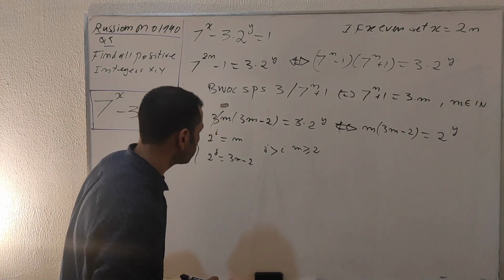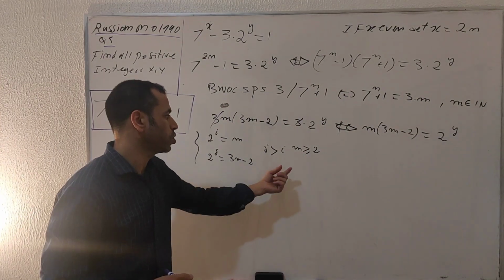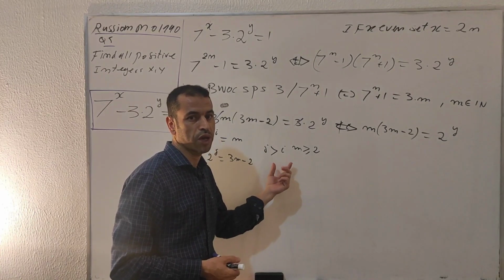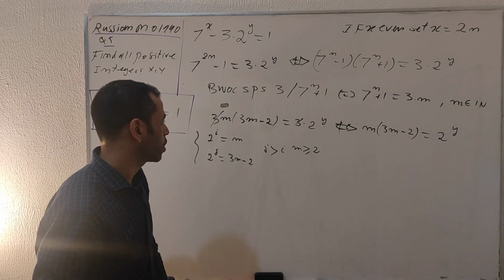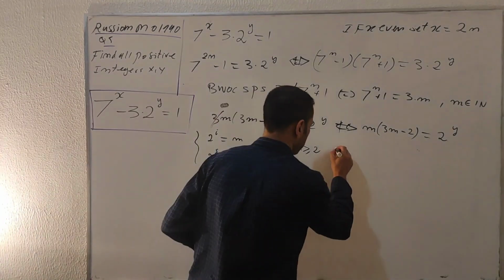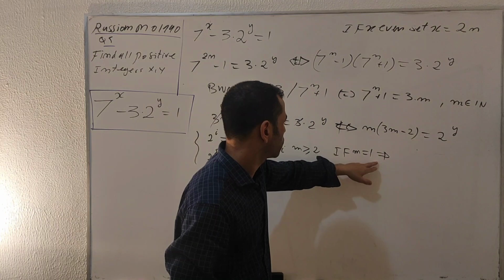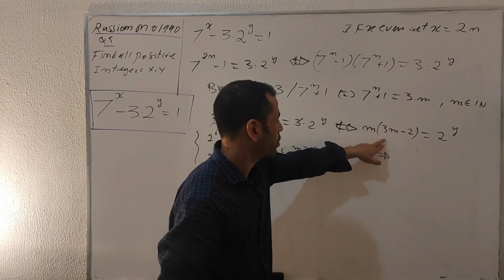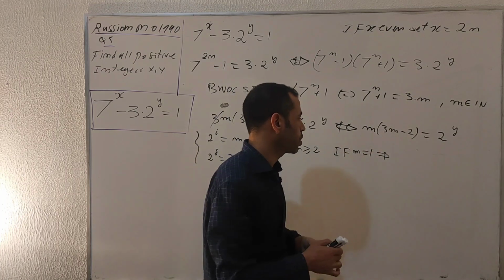But we need to check m equals 1, because we must have a contradiction for all natural numbers m. If m equals 1, replacing m with 1, I will get 3 minus 2, which is 1. I will get 2 to the y equals 1.